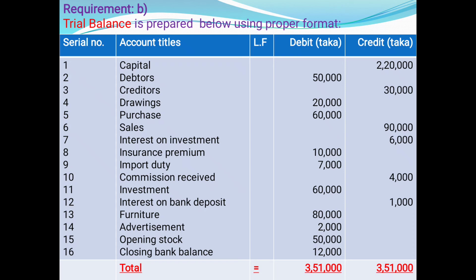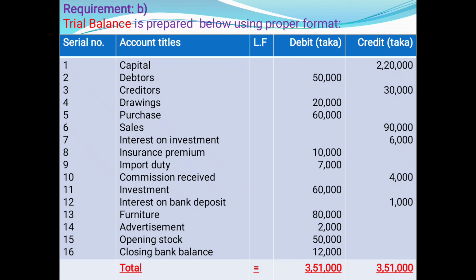Sales is revenue. So in this trial balance, 90,000 is credited for sales amount. Interest on investment, it is also one kind of revenue income. In this trial balance, taka 6,000 is credited for interest on investment.